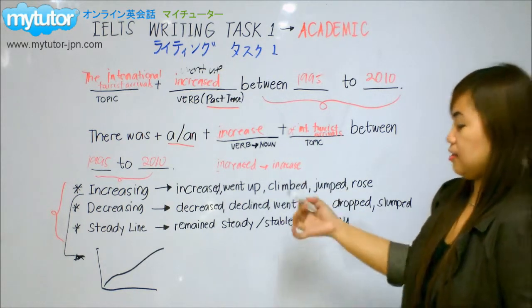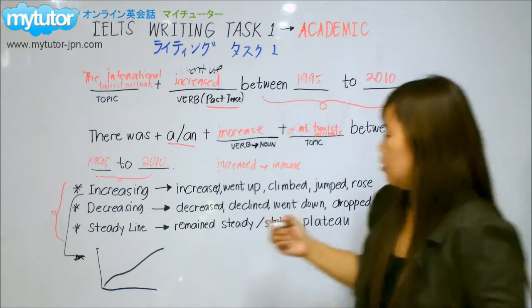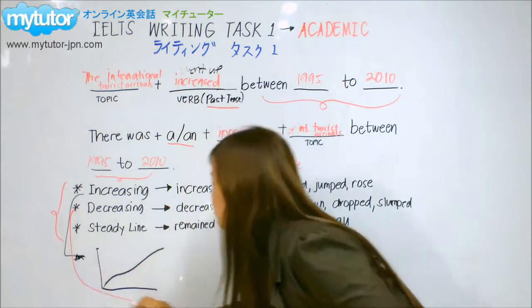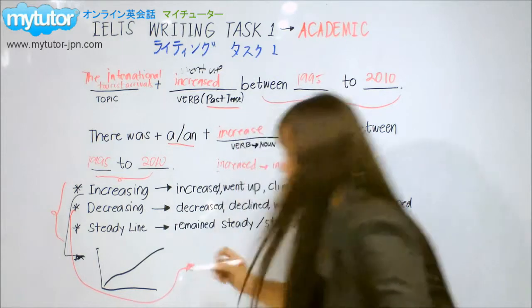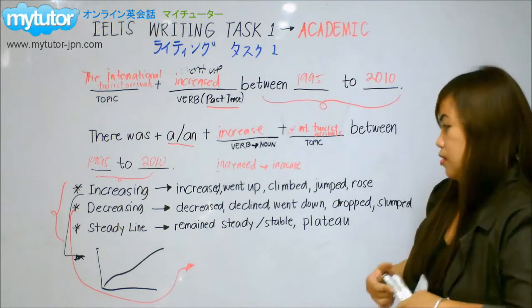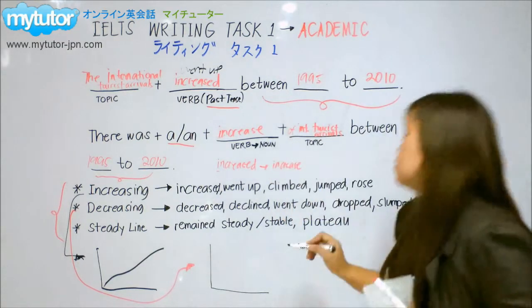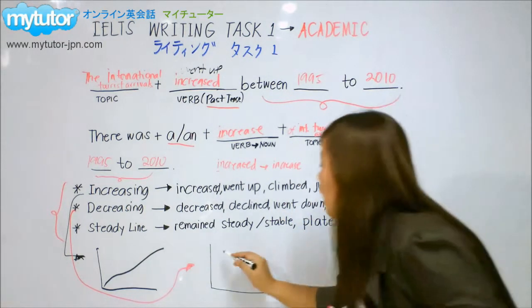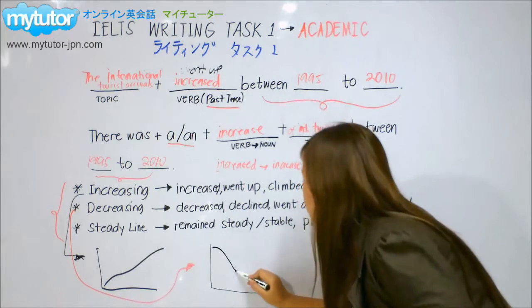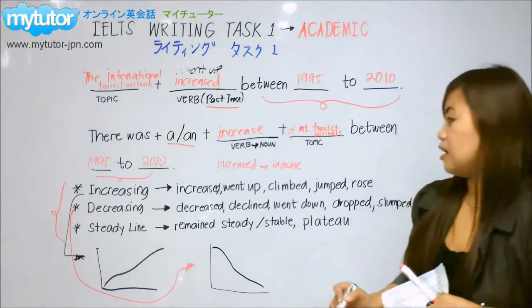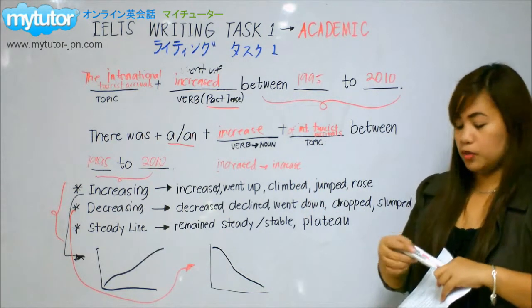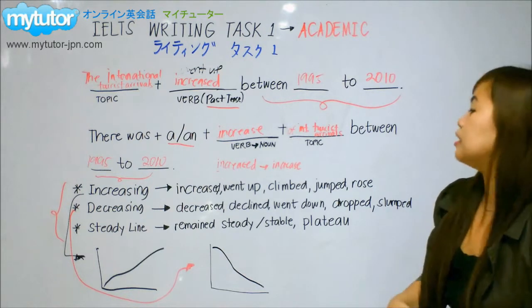Now we have decreasing. Obviously, it also means decreasing. So we use this here. So the x, y axis, decreasing, from a high point to a low point. What are the vocabulary words that you can use when it's decreasing?